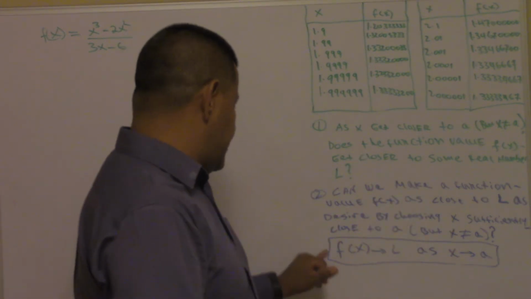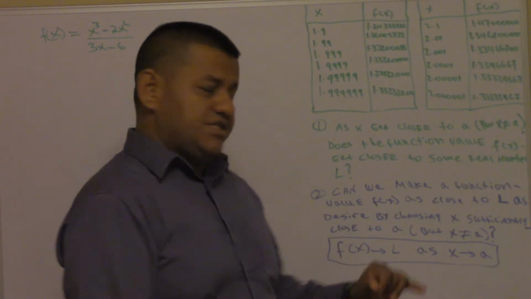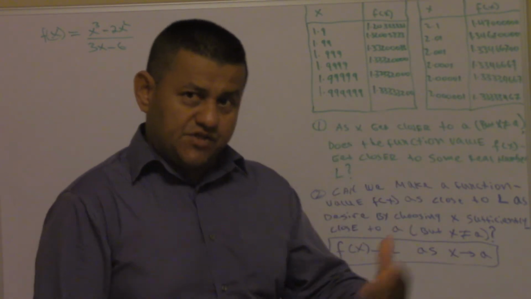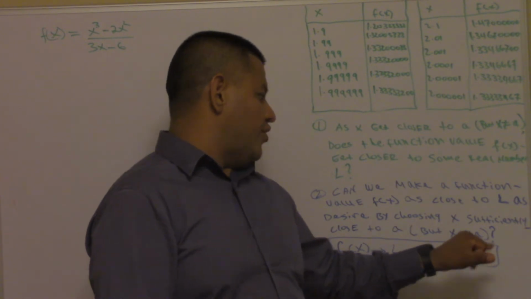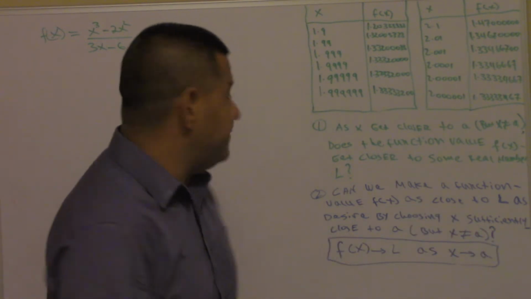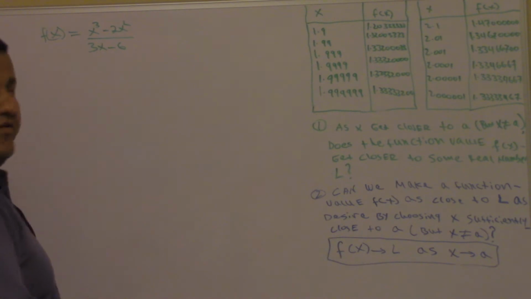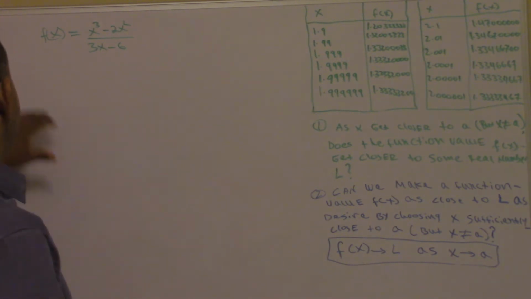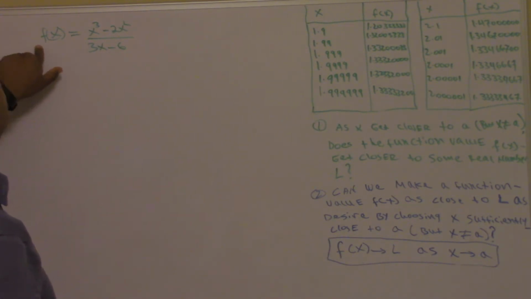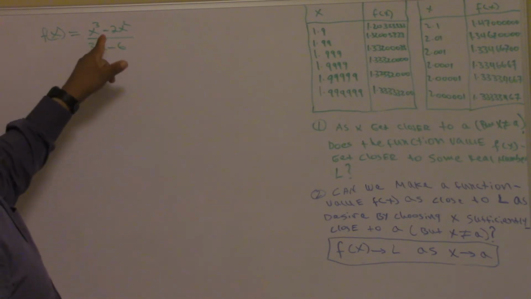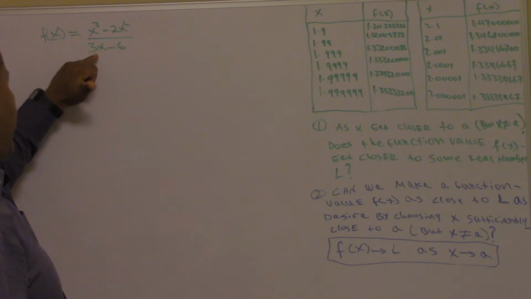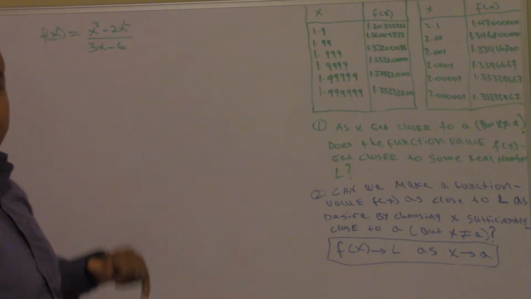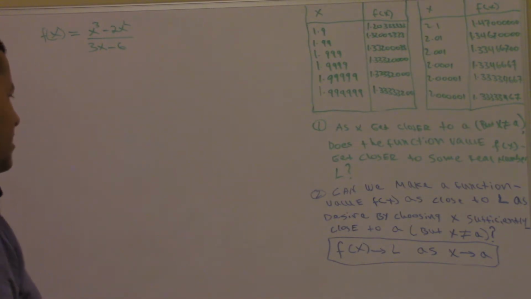In other words, f of x approaches a certain limit, a certain real number, as x approaches a. Okay? So now this is the example. The example is f of x equals x cubed over 3x minus 6, right?